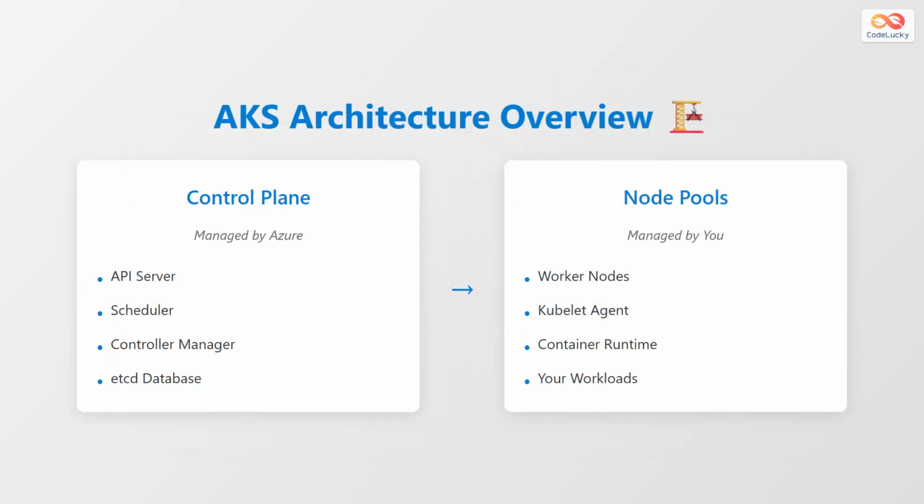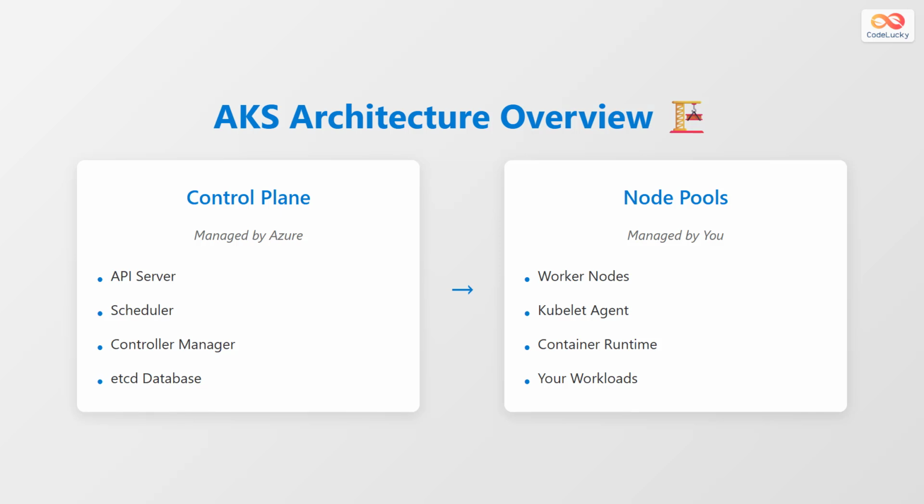The architecture of AKS is divided into two main components, the control plane and node pools. The control plane is fully managed by Azure and includes critical components like the API server, which handles all Kubernetes requests, the scheduler that assigns pods to nodes, the controller manager that maintains the desired state of your cluster, and the etcd database that stores all cluster configuration data.